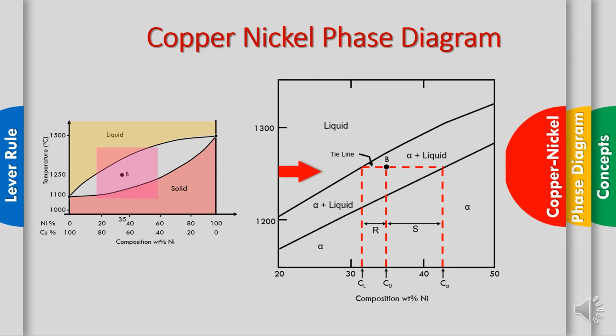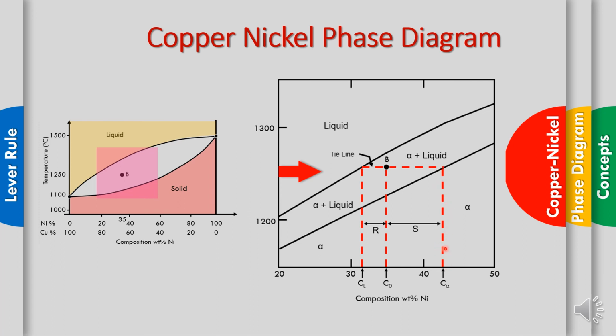If we add a certain temperature line, we project along this line, and we have two points of intersection, this point and also this point along the line at B. These two points intersect and we project to the x-axis, and it produces a point here where the composition is maybe 32, 33 nickel, and also the point of intersection here produces C alpha.